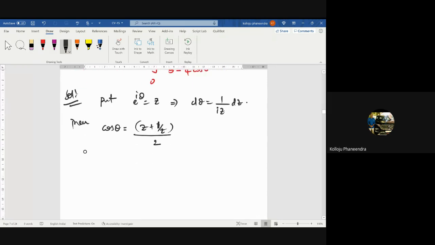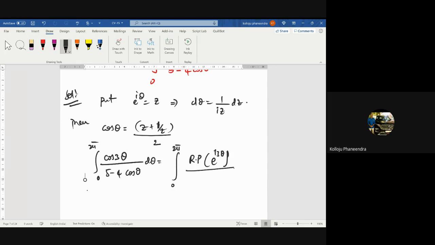See what I am doing here. Integral 0 to 2 pi cosine 3 theta by 5 minus 4 cosine theta d theta is equal to integral 0 to 2 pi real part of e power i 3 theta, correct? e power i 3 theta means cos 3 theta plus i sin 3 theta.